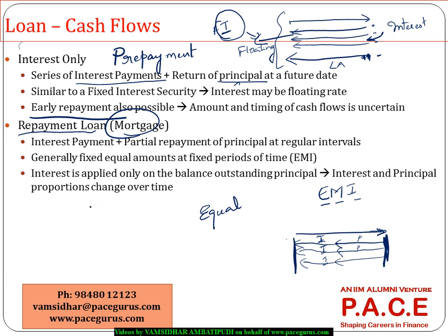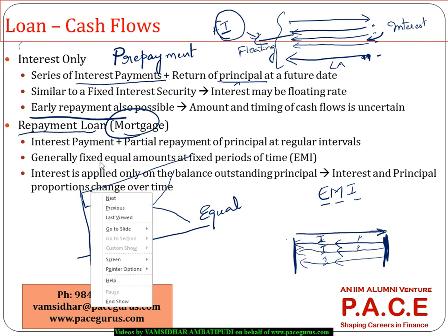In general, what we see is as time passes, the interest amount keeps coming down and down and down. The principal portion goes up and up and up, whereas the total amount being paid will always remain constant, which is the sum of the principal as well as interest, which works out to some number.